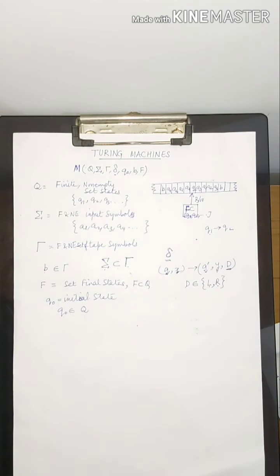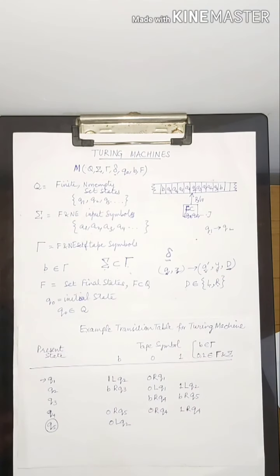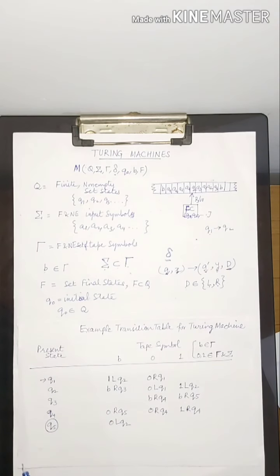One tool to describe the transition system is the transition table. I have a copy of the table. It has various columns. First of all, the major column is the present state. It's a bit similar to the transition table in the case of finite state automata. We will see the differences also.